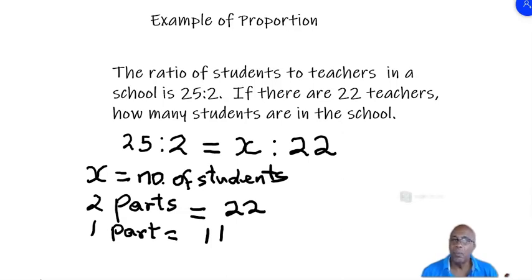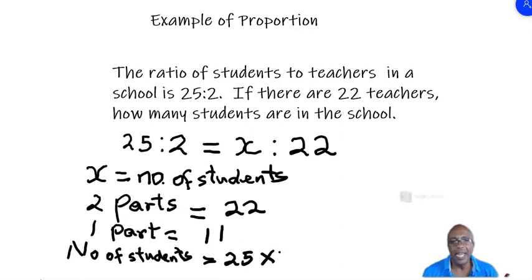And since the student is 25 parts, therefore the number of students would be equal to 25 times 11, and we'll get that answer as 275 students.